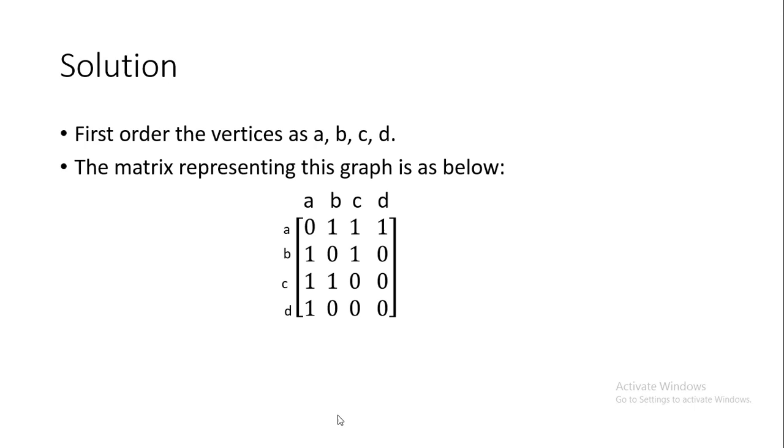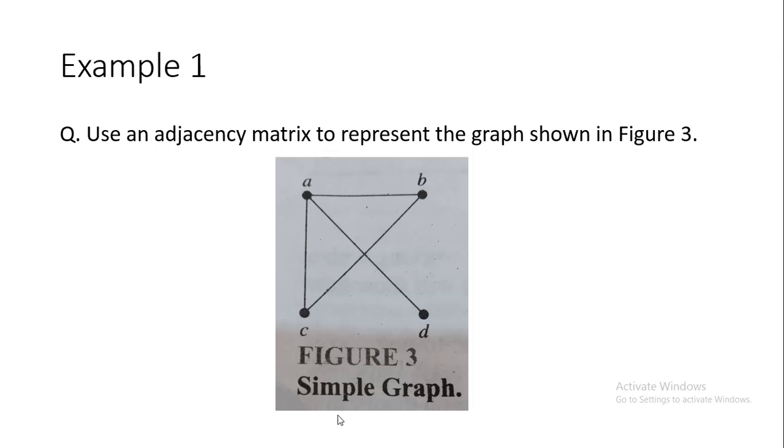It is a 4 × 4 matrix, with rows A, B, C, D and columns A, B, C, D. First row and first column, A to A, the value is 0. Why 0? Because from A to A in this graph there is no edge.